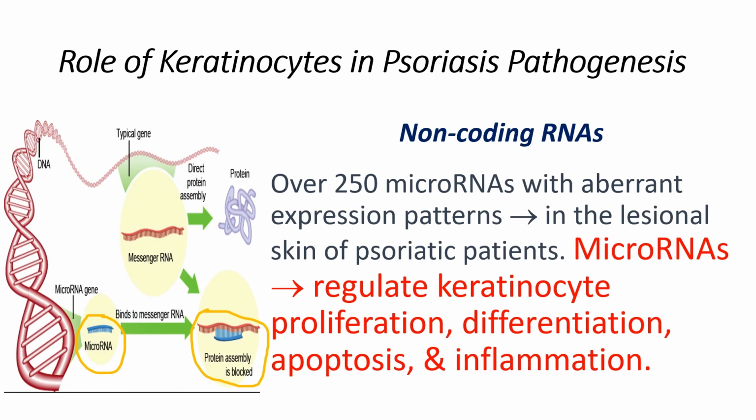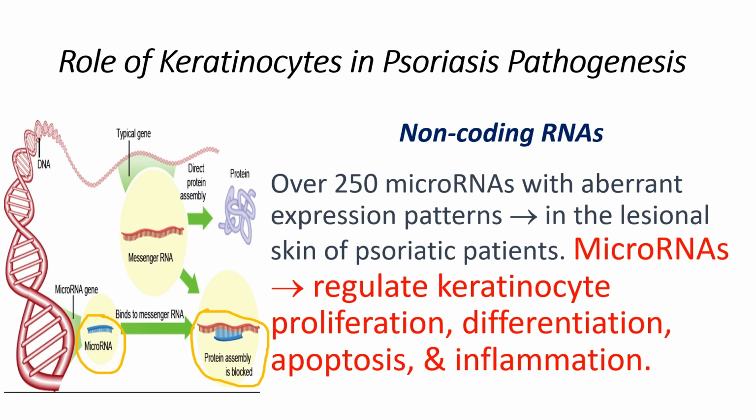MicroRNAs are short non-coding RNAs, and they are key players in the regulatory network of psoriasis as they exert post-transcriptional control over protein coding gene expression. Their dysregulation is closely associated with the development of psoriasis.